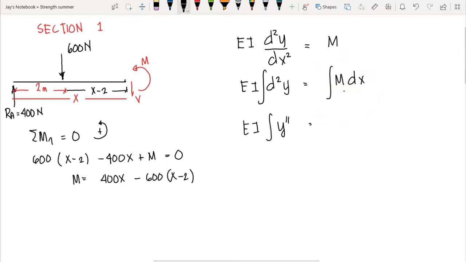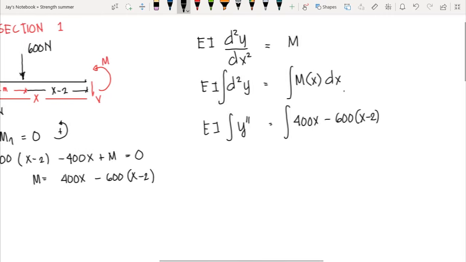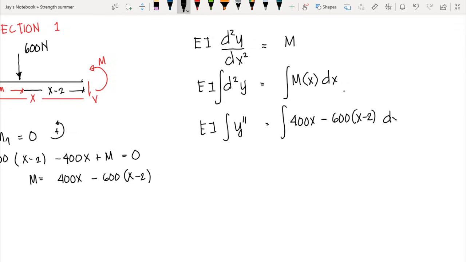So this one is moment as a function of x dx. So we have the integration of 400x minus 600x minus 2, and then we have dx. Okay, then we integrate that.